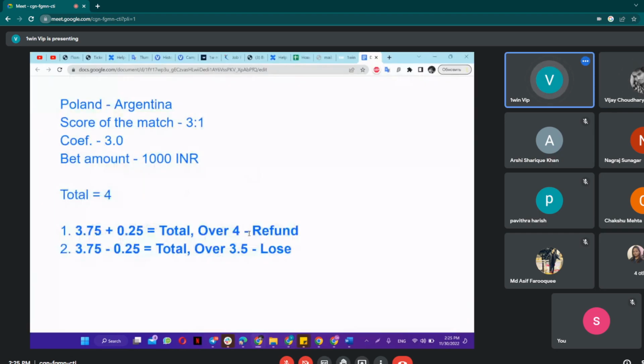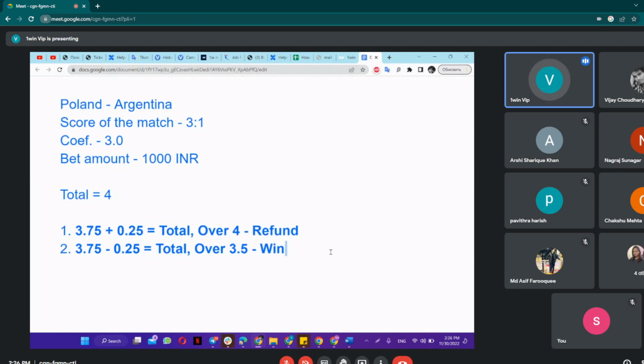We placed that total of the game will be more than 3.5. So in the real game, Poland, Argentina in this case, they should have more than 3.5: 4, 5, 6, 7, etc. They have 4, which is more than 3.5. Then we can change it to win. Refund and win.